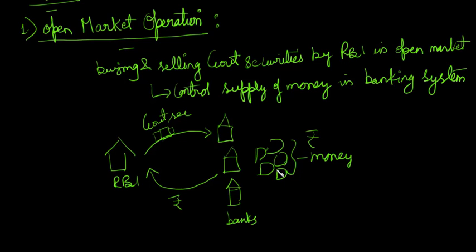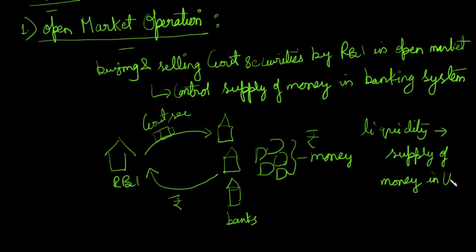And similarly, when the liquidity is tight, liquidity is nothing but supply of money in the economy, banking system, whatever you can say. So whenever the liquidity is tight, means less money in the market, then RBI will buy.